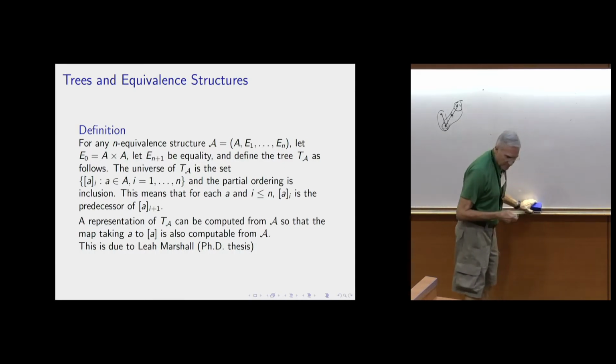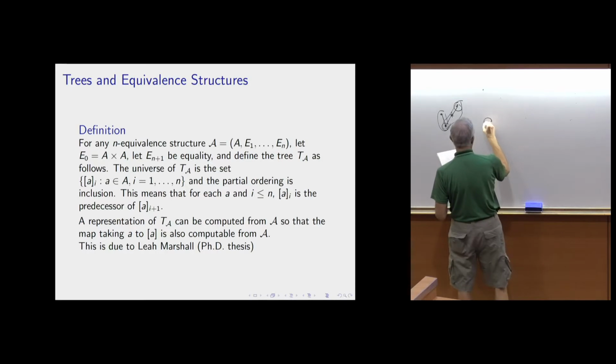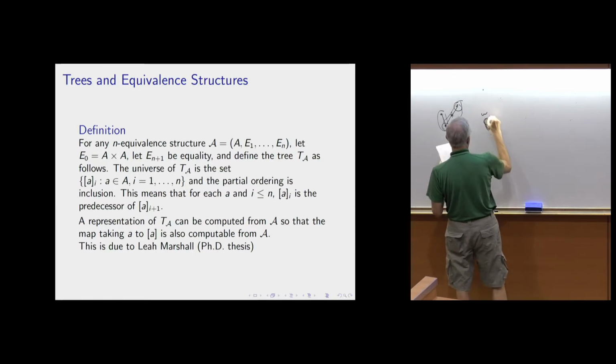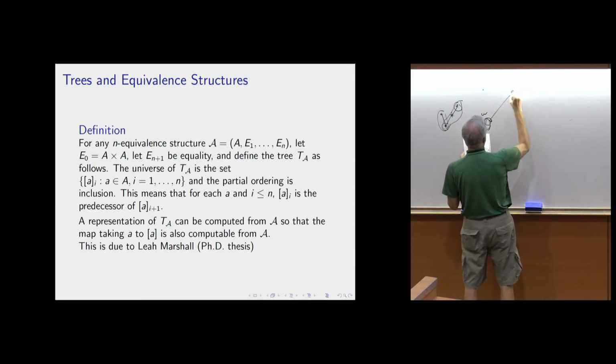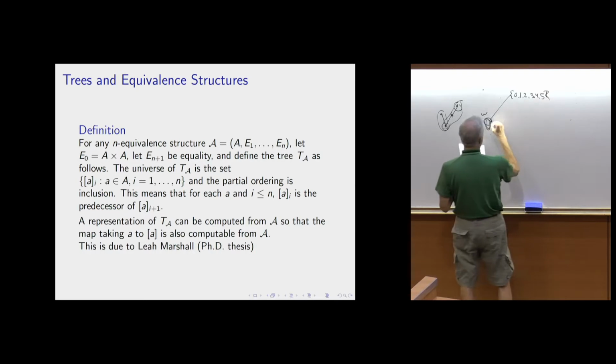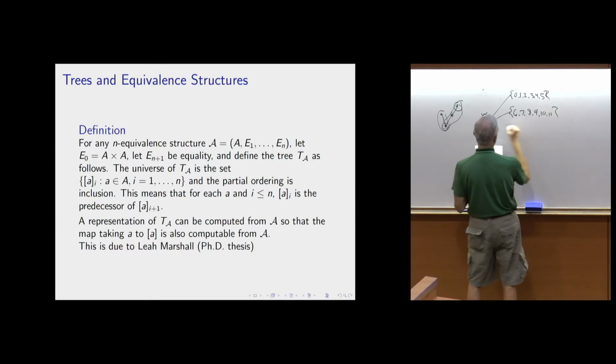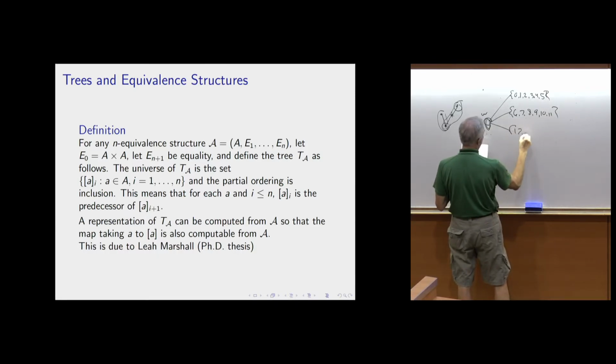We're thinking of equivalence relations, so we start with omega. Let's say we divide up into classes of size 6 here, 7, 8, 9, 11, 12.